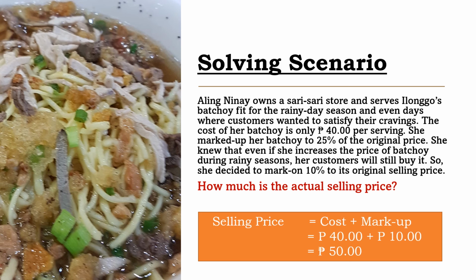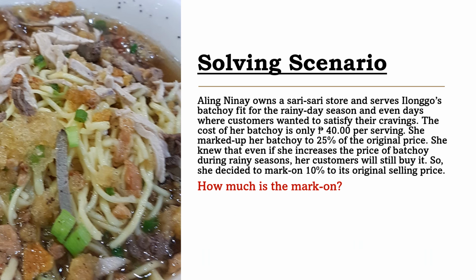We are still with Aling Ninay's scenario, but the question is, how much is the actual selling price before the mark-on? To compute, selling price is equal to cost plus markup. So cost is 40 pesos and the markup that we have computed earlier is 10 pesos. So the selling price is 50 pesos.